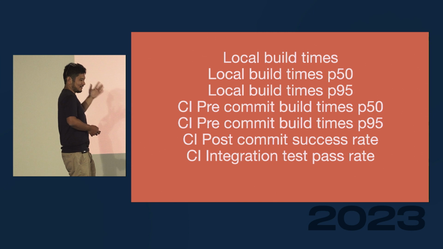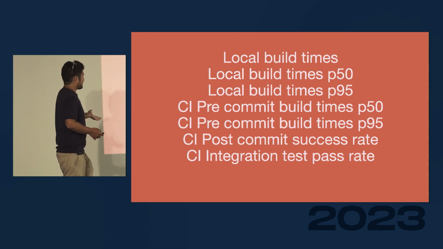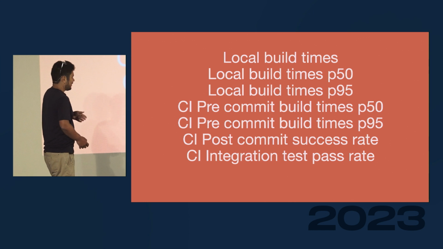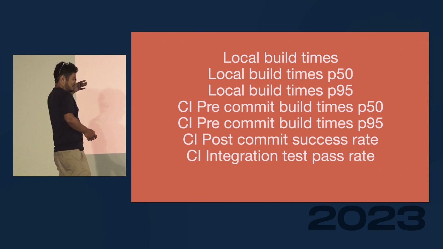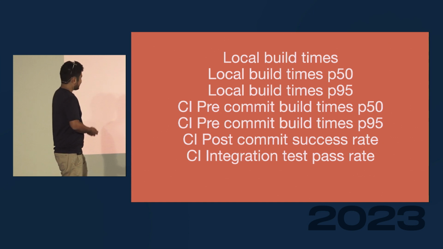Again, what does this even mean, right? You're probably wondering. At first, I also didn't know. I started at Pinterest, and I didn't even know that people look at these things. And just like I look at WindGuru, that's exactly how some people feel at Pinterest. Every time we need to tell upper management, hey, we need to keep investing in build times, if we give all of these metrics, they don't understand what we are talking about.